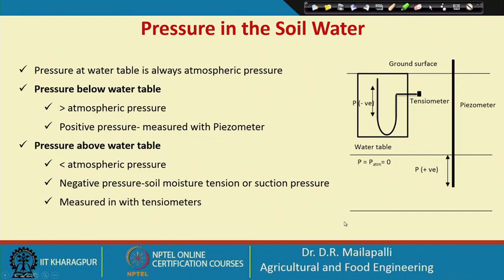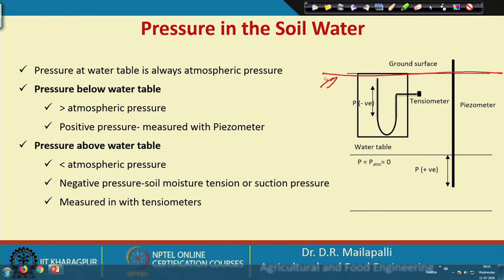Next, what kind of pressure do we experience when going above the water table and below the water table? In this picture, this is the ground surface, and assume there is a manometer installed down in the soil. This is a tensiometer, and this is the water table, the phreatic surface, where the pressure is atmospheric pressure.